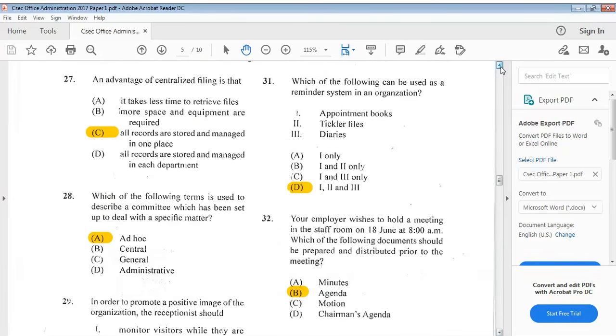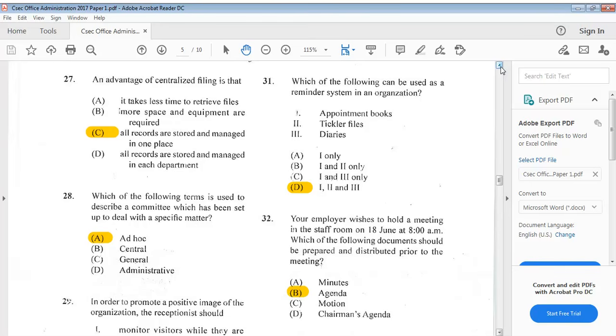Which of the following can be used as a reminder system in an organization? 1, appointment books. 2, tickler files. 3, diaries. So let's look at our answers. Is it A, 1 only? Is it B, 1 and 2 only? Is it C, 1 and 3 only?